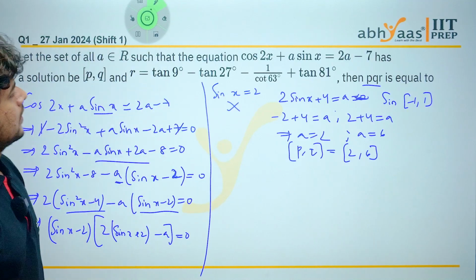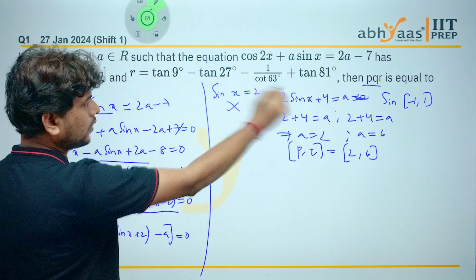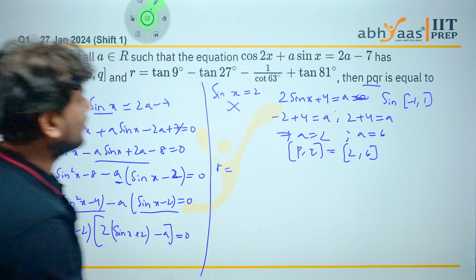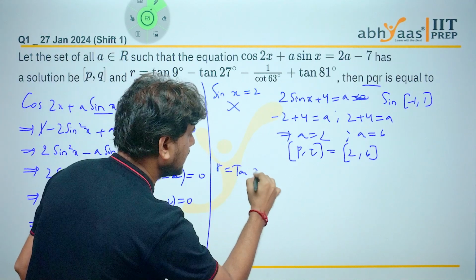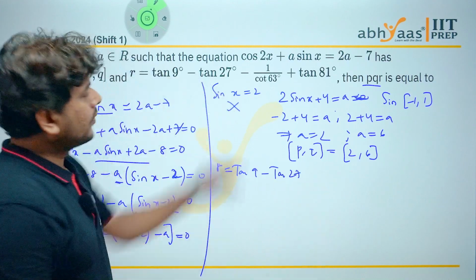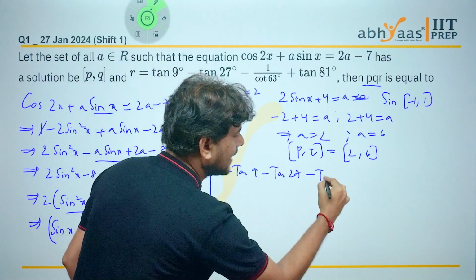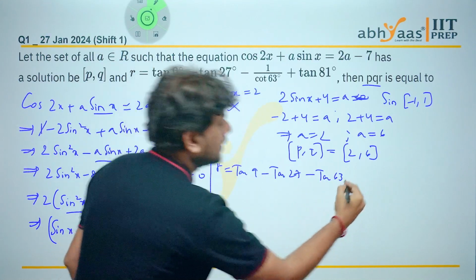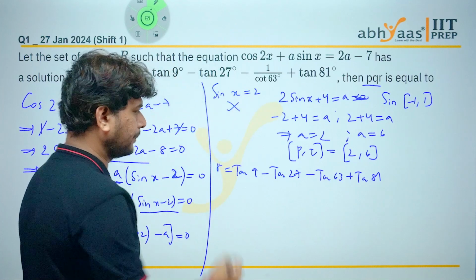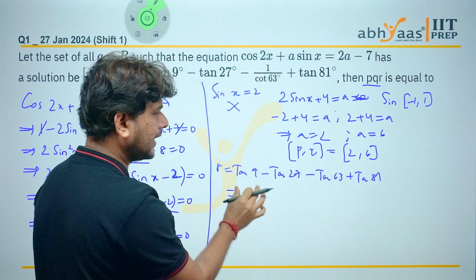Okay. Now we have to find the r value, so we have to solve this equation. R equals tan 9 minus tan 27 minus 1 by cot 63. Cot 63 is tan 27, right? Then plus tan 81. So tan 81 and tan 9 are complementary.